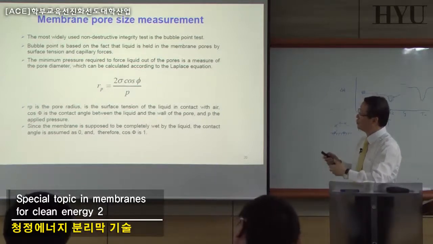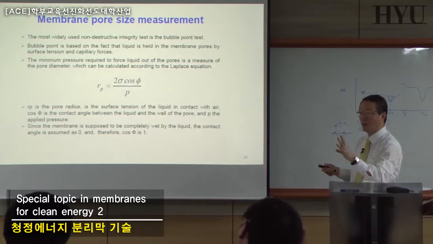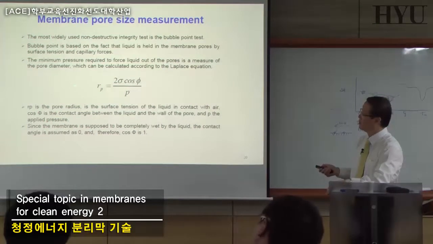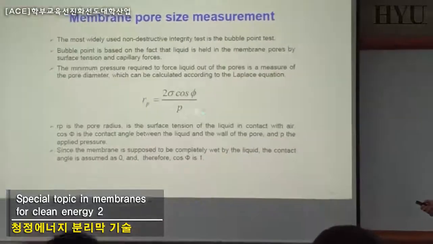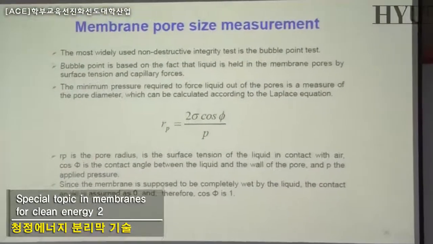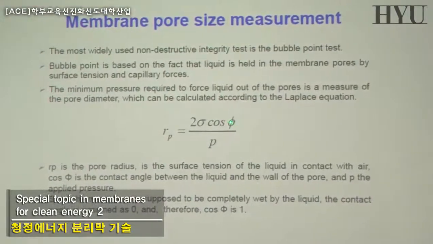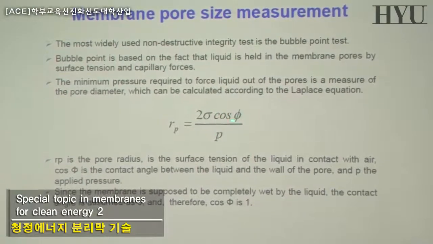By measuring those properties, we can measure the size of the pores. So pressure, the contact angle, surface tension, all of those will be used to calculate the radius of the pores.